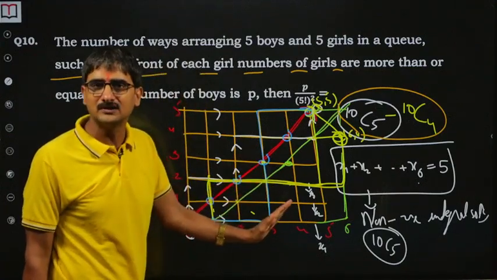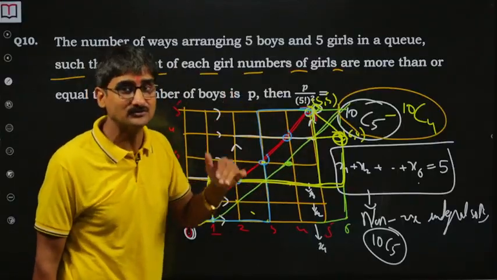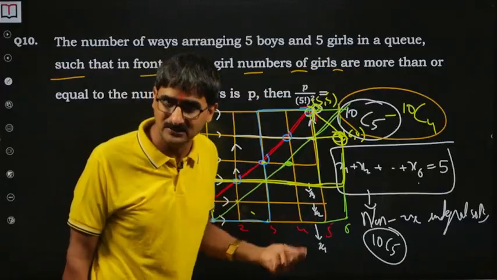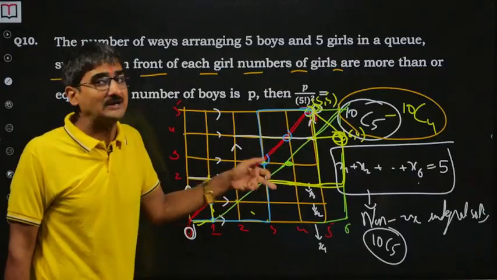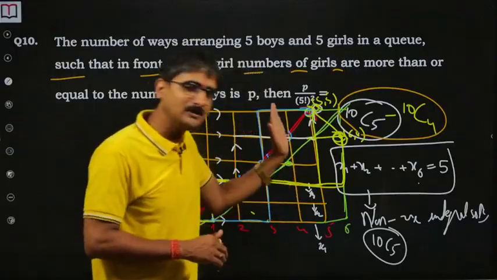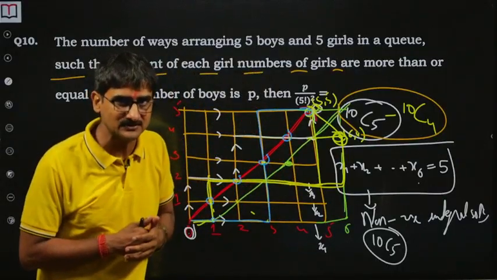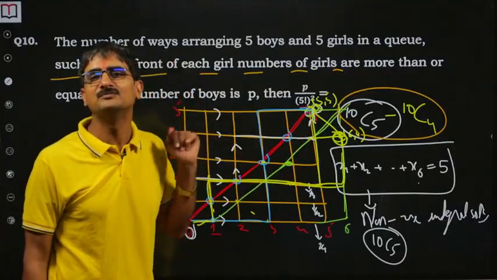On 4th vertical line, you can't take more than 4 steps. On 5th vertical line, you can't take more than 5 steps. And there's one more case: at any point of time, you can't take more. I said on the 4th vertical line you can't take more than 4 steps, but till the 4th vertical line, you can't take more than 4 steps.